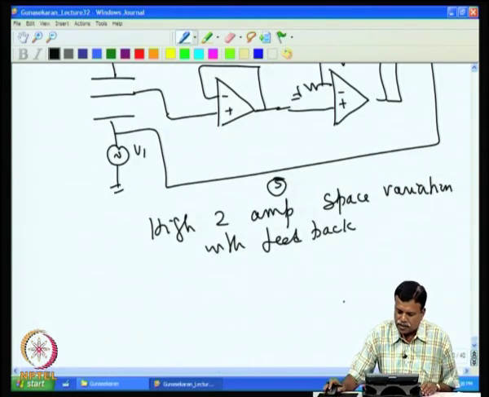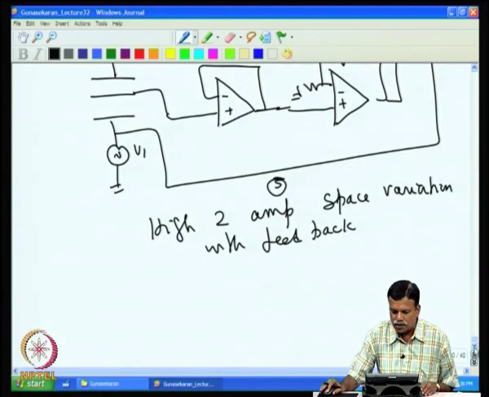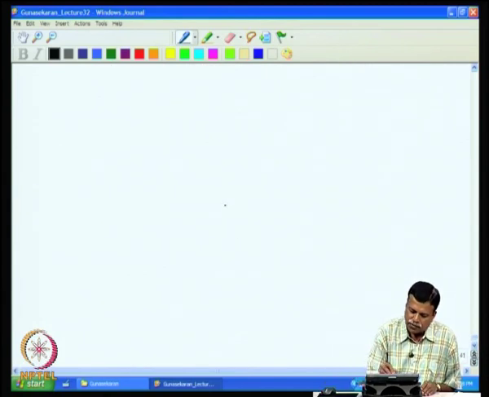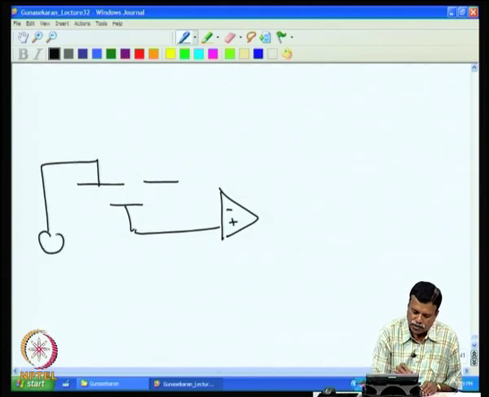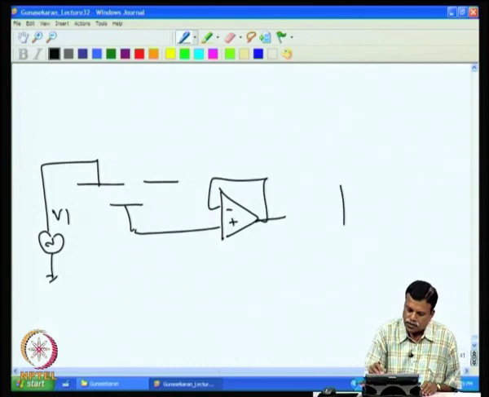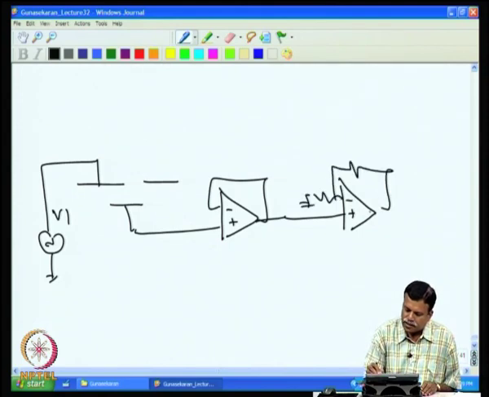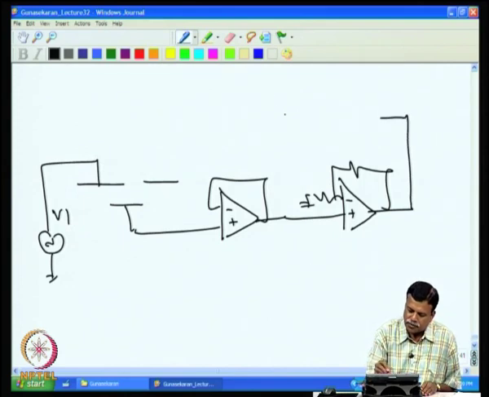Another variant is the 6th circuit, wherein we have a high Z amplifier with feedback, with area variation. We can have 2 plates connected to this one, and one can be excited with the source V1, while the other one comes from feedback. We amplify the signal, and then we can have the summing amplifier connected here.